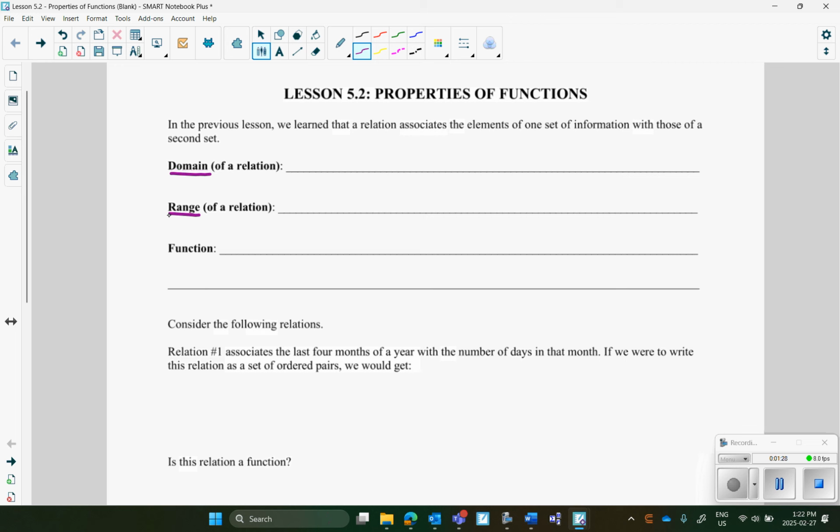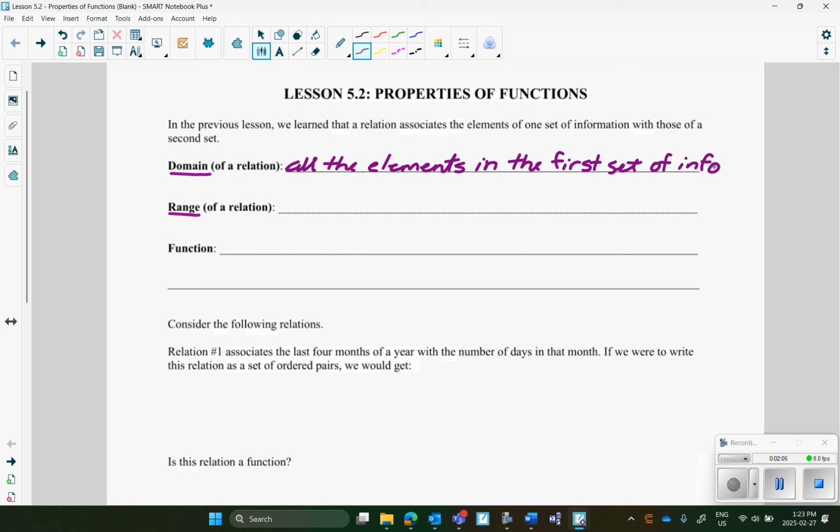The domain of a relation is all the elements in the first set of information.